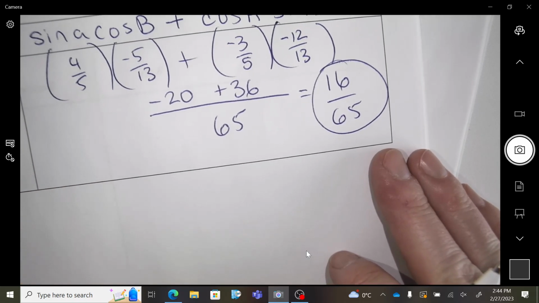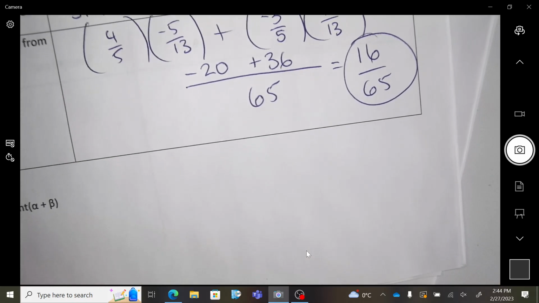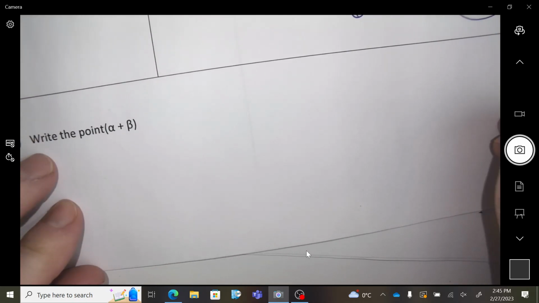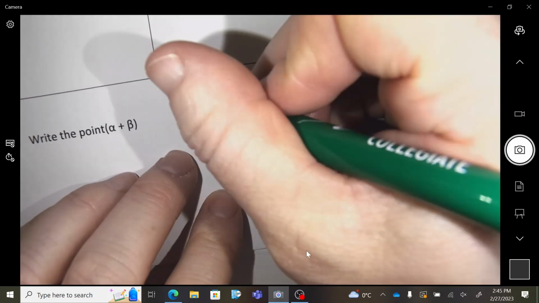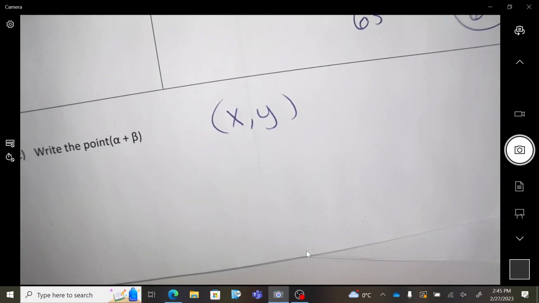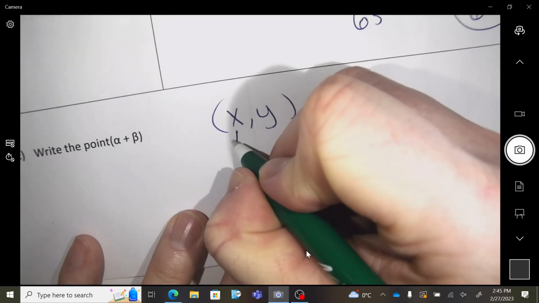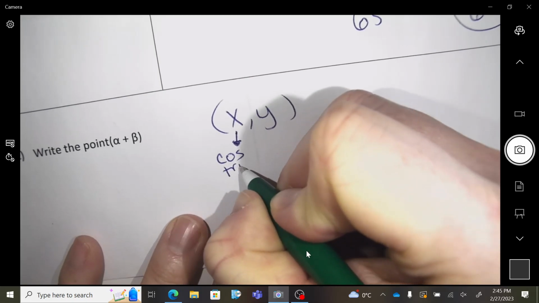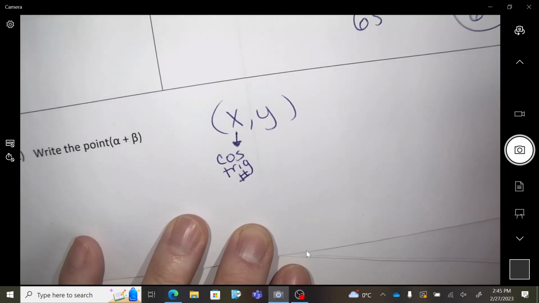Okay, the very last step is to tell me the actual coordinate, the point. What is the point? So a coordinate is always written with an x value, comma, a y value. Now, when we connect these ideas to trig, x values come from the cos trig value, right?